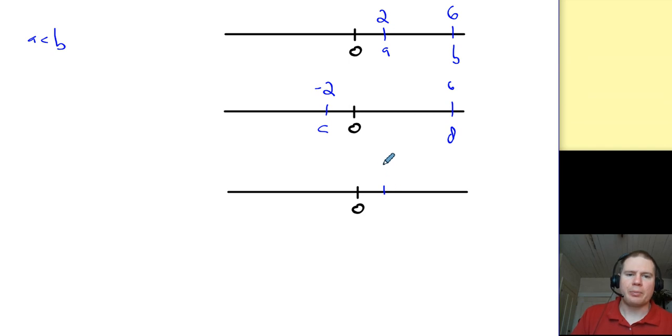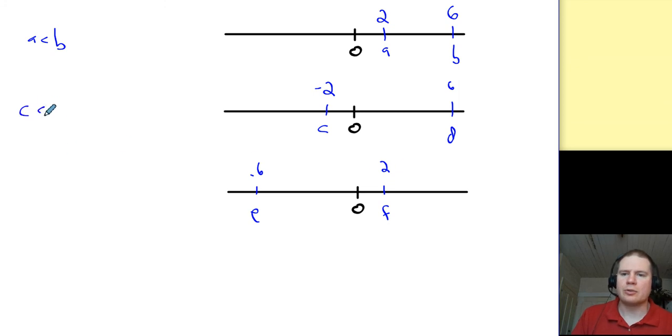And we can look at positive 2 and negative 6. Right? 6 is further away from 0, but negative 6 is still less than 2, because 6 below 0 is less than 2 above 0. Right?